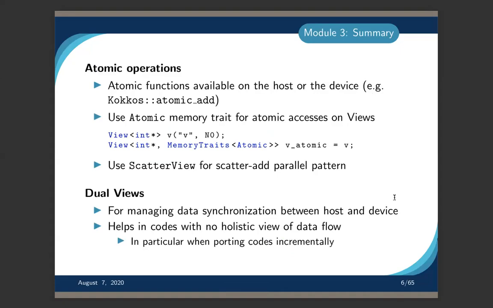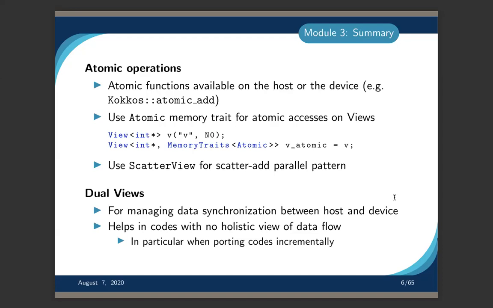We also talked a lot about atomic operations, how they are available on host and device, that we support generic atomics on pretty much any kind of data types, that you can actually do things like atomic add and atomic multiply as long as the underlying object types have the associated operators implemented, like plus equal. We talked about how you can make a whole view atomic by using the memory trait atomic, and that allows you to have every single plus equal or assign or whatever be atomic on the view.